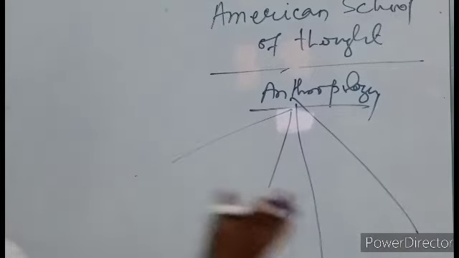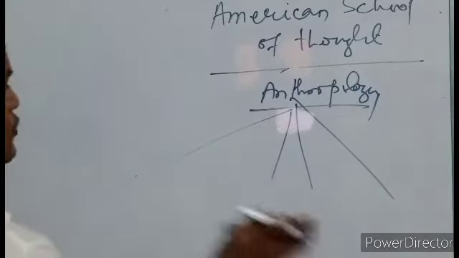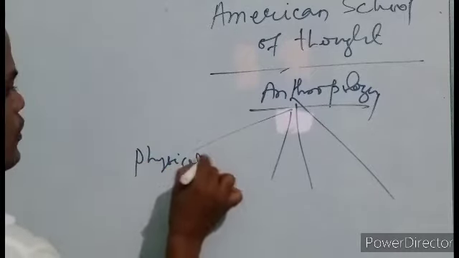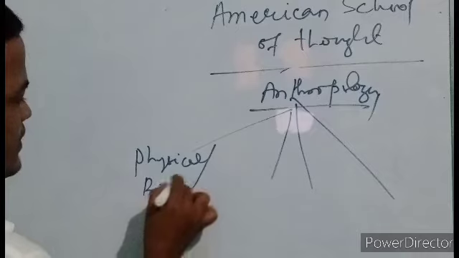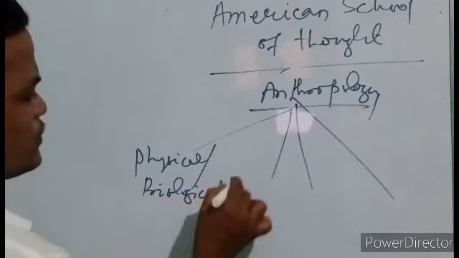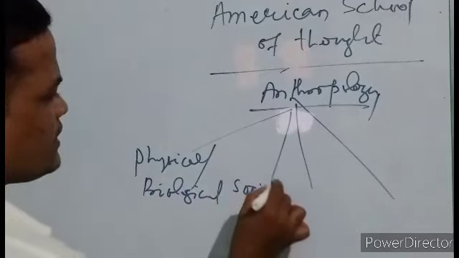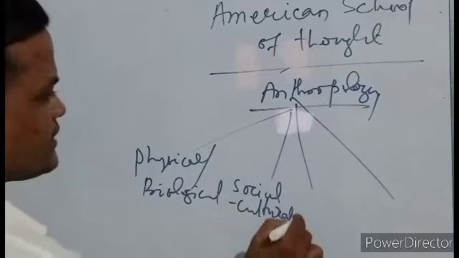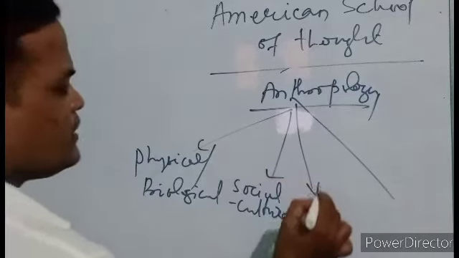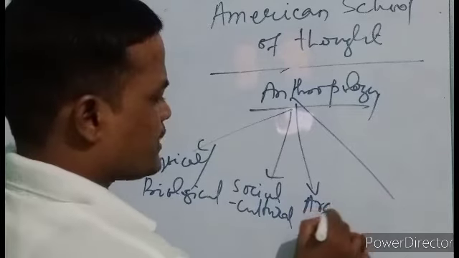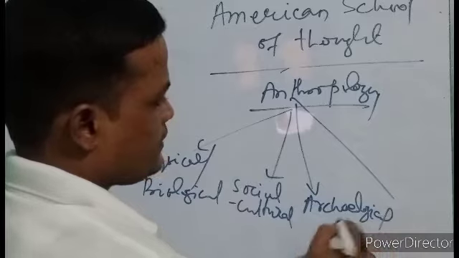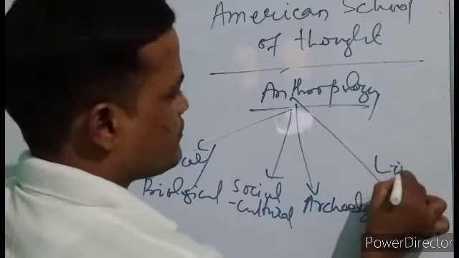These branches are, number one, the physical or biological part; number two, the socio-cultural part; number three, archaeological anthropology; and number four, linguistic anthropology.